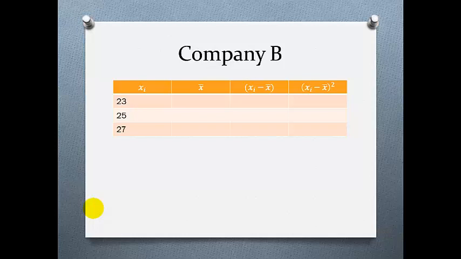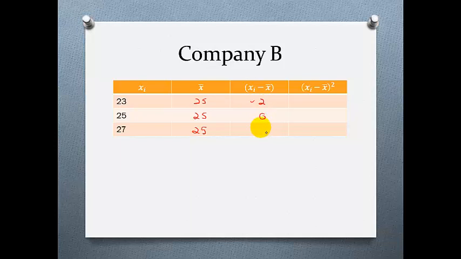Company B was 23, 25, 27. Now, we've already talked about the average of them being 25. We already calculated that. Write in your average all the way down. And then subtract. 23 minus 25 is negative 2. 25 minus 25 is 0.